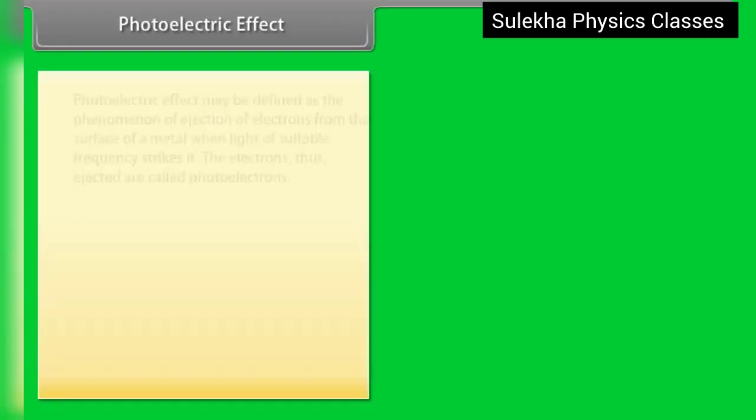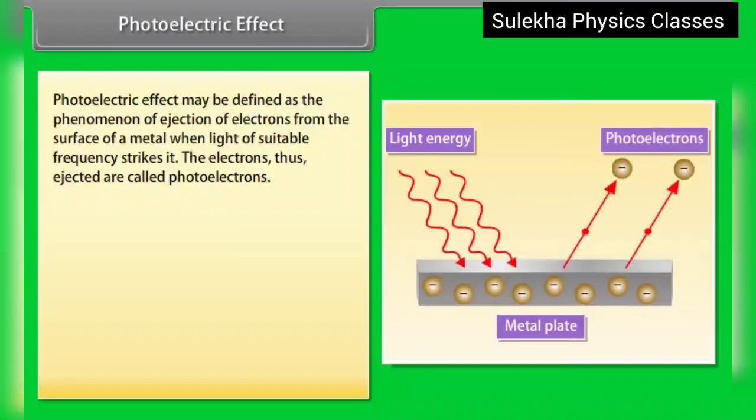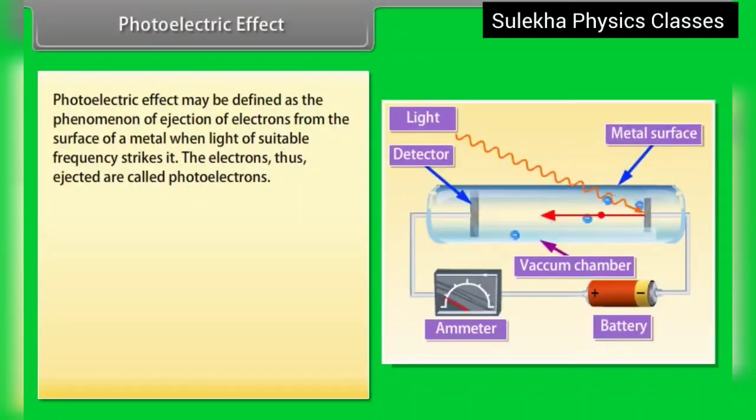Photoelectric effect. The photoelectric effect may be defined as the phenomenon of ejection of electrons from the surface of a metal when light of suitable frequency strikes it. The electrons thus ejected are called photoelectrons. When light of a particular frequency strikes the metal surface, electrons are ejected, which are detected by the detector.